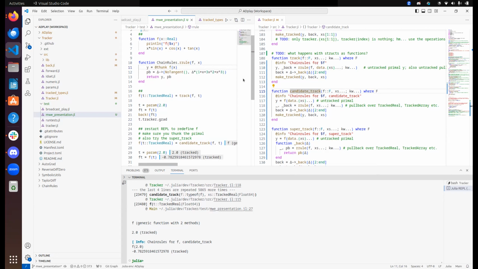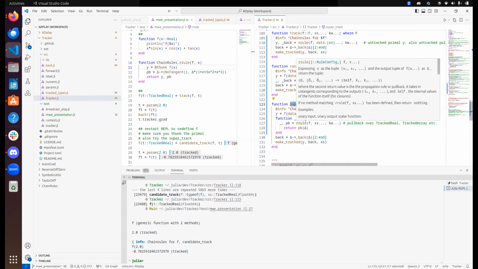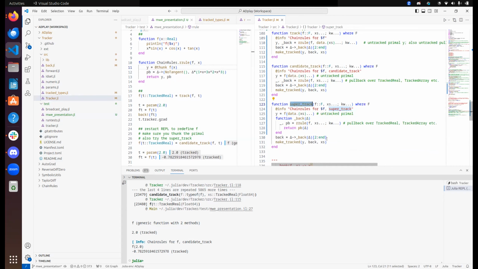We do our primal here, which is an untracked primal, and we need the pullback to be tracked, right? And we have a third track, which is the super track, which is similar to what we saw. Yeah, so we still do an untracked primal, and the difference here is that we call the chain rule we define in a pullback.